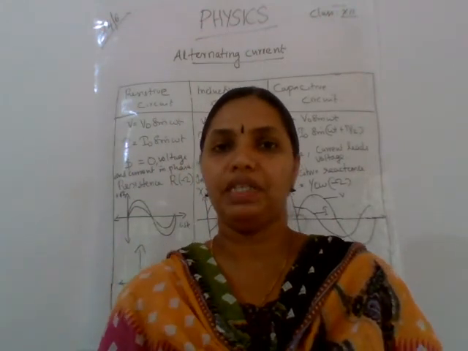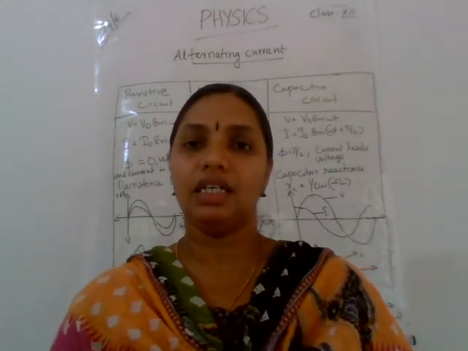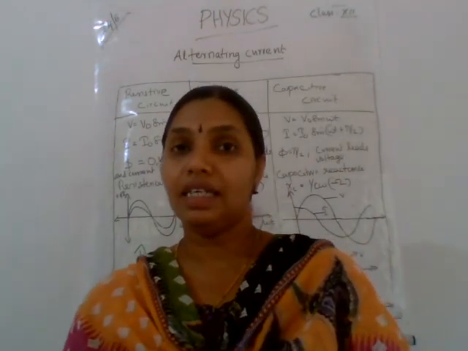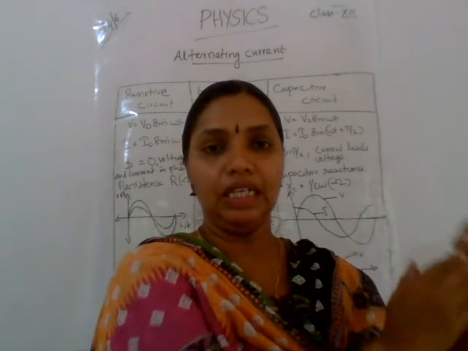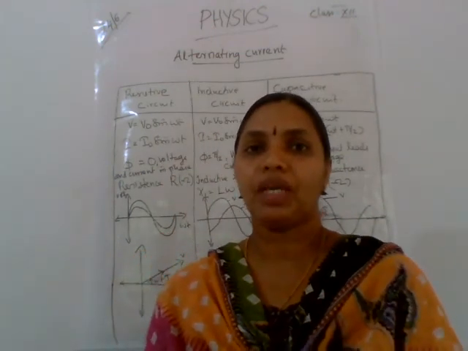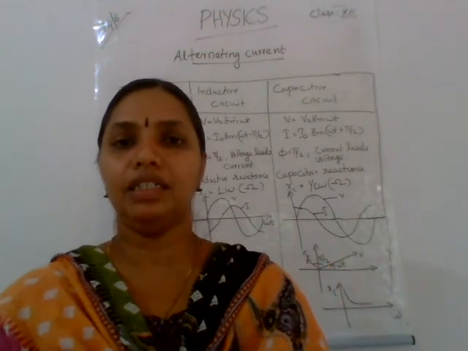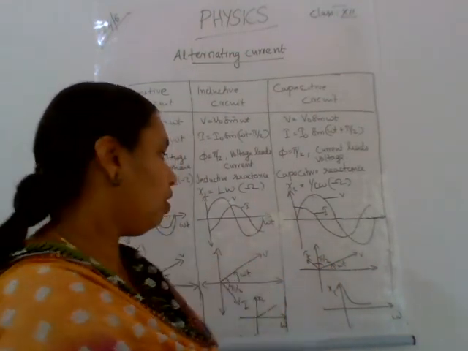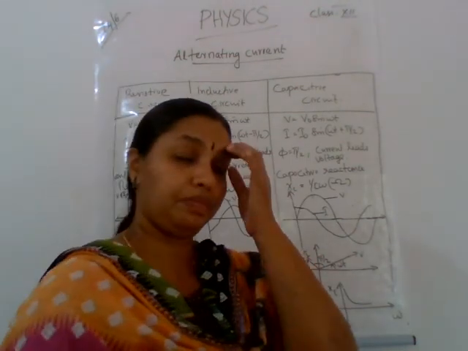There is only one combination we have to study, that is the resistor, capacitor and inductor connected in series, that is one after the other. What is the relationship between the voltage and current? Well, there is no mathematical derivation. We are solving that on the basis of the phasor diagram.